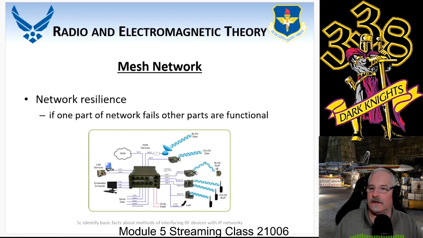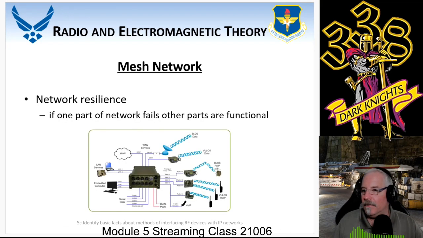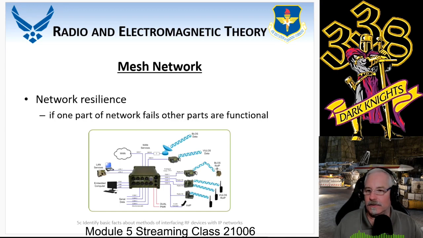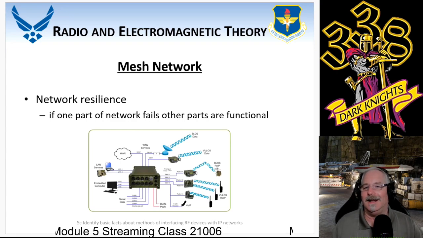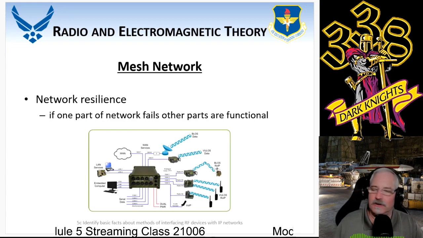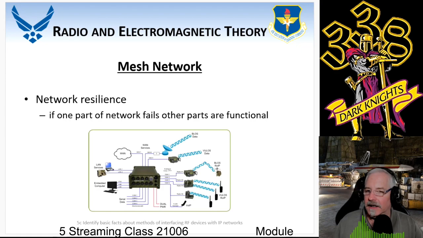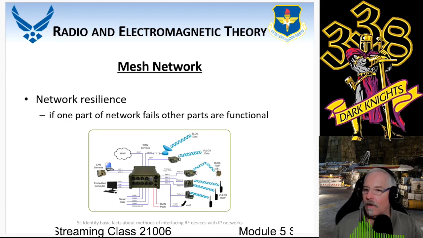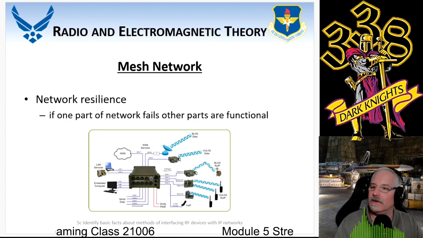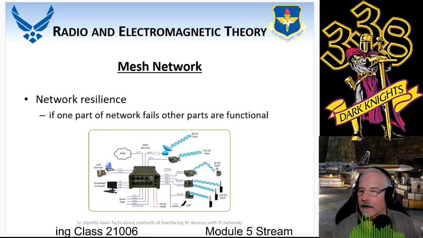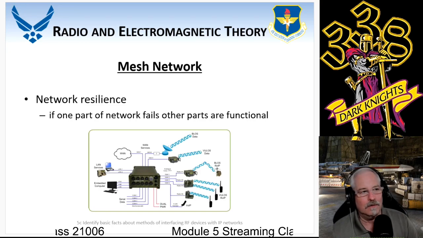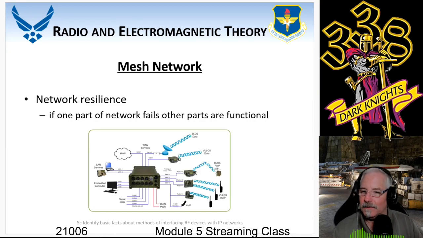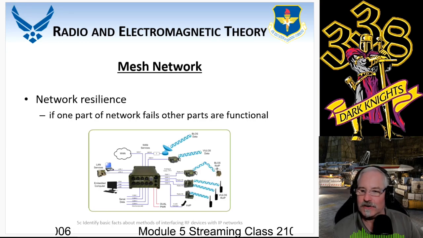Network resiliency. The big thing about this mesh network is its resiliency. For example, if the soft console goes, it's very possible that just that little area that's linked is going to go. Or if a radio fails or a cell phone gets out of service, only just that portion will go away as opposed to the whole system.